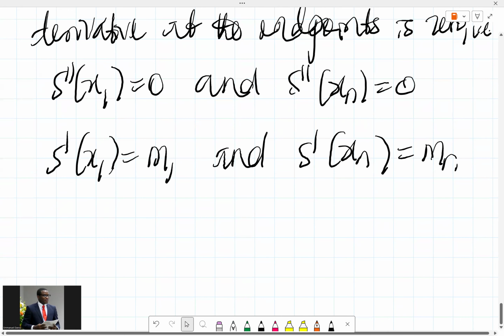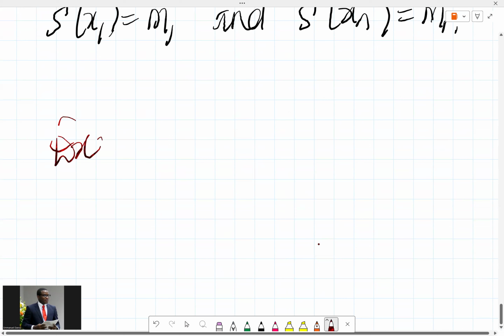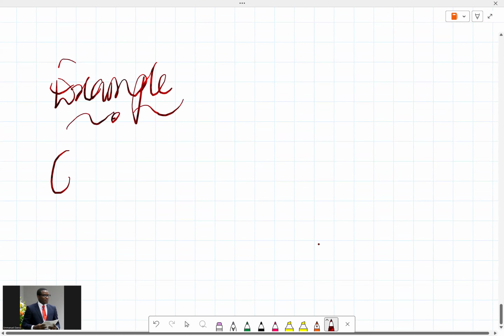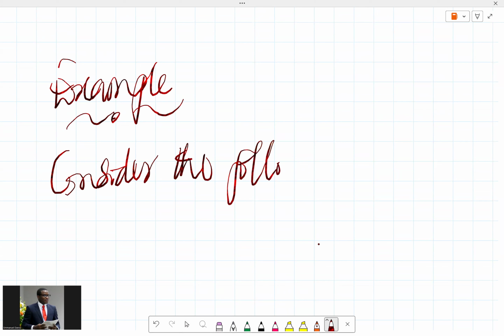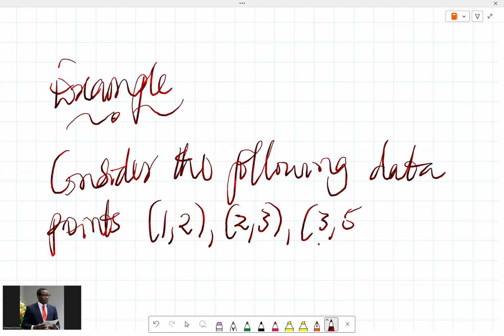So with all of this stated, let's take an example and see how it goes. Consider the following data points: (1, 2), (2, 3), (3, 5), and (4, 4).